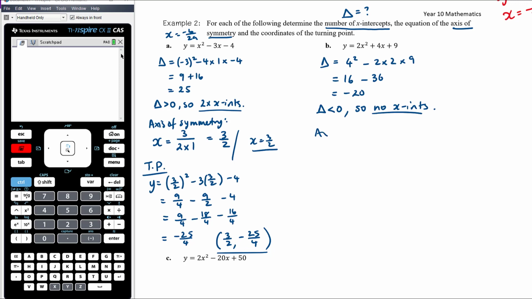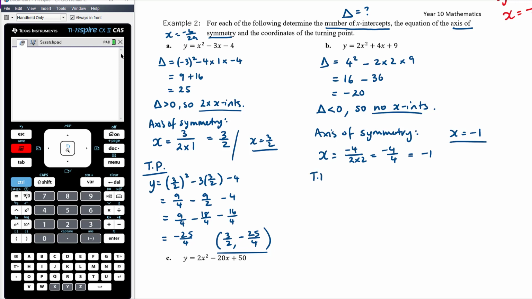So let's think about our axis of symmetry, which gives our x value of the turning point. So x equals negative b on 2a, so negative 4 on 2 times 2, so negative 4 on 4, and so negative 1. So our axis of symmetry is x equals negative 1.